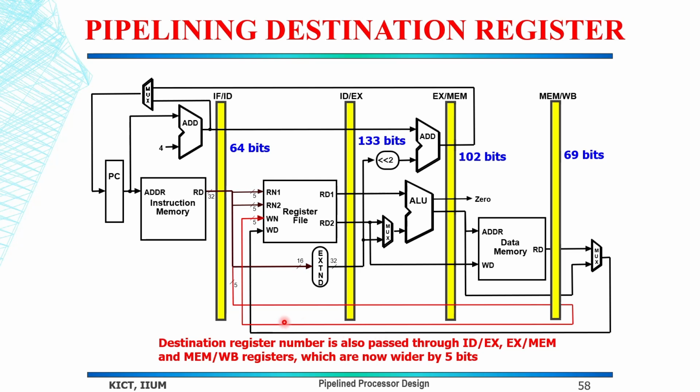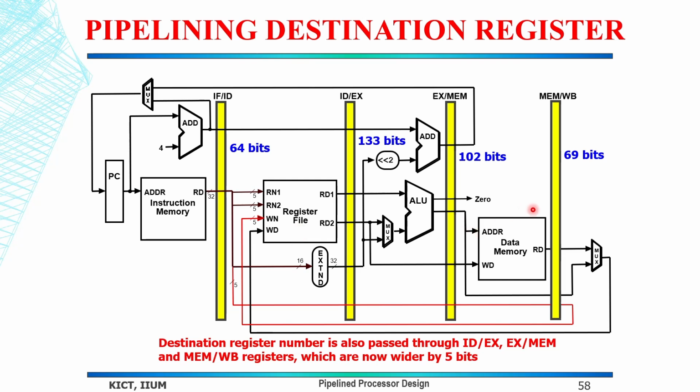Each pipeline register also contains the destination register number, which is passed through the ID/EX, EX/MEM, MEM/WB registers, which are now wider by 5 bits, because we are passing RD, 5 bits, which is to be used from this stage to write data in the register file.